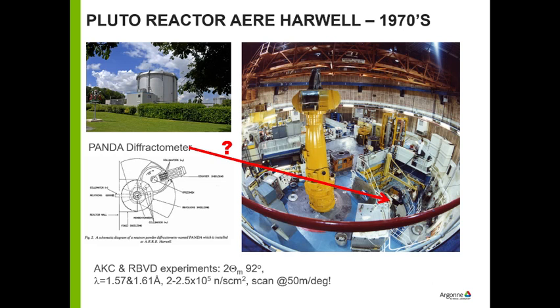And we did this experiment on something called a Panda diffractometer, which had multiple detectors at a high takeoff angle off the monochromator, at a wavelength somewhere around 1.5 angstroms. The scan was 50 minutes per degree.